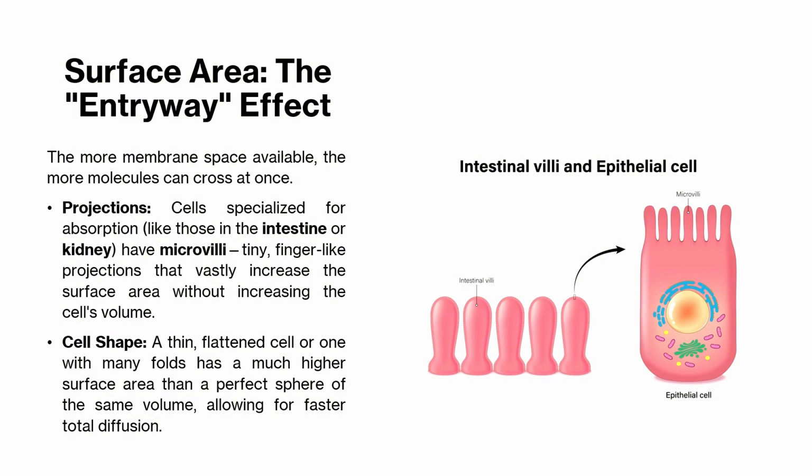You should not confuse this with piling up. And in the same way, if a cell is flattened, with no projections, it is better for us to spread it out. That will also increase the surface area. So in this way, projections and cell shape both increase the surface area, and then the diffusion also increases.